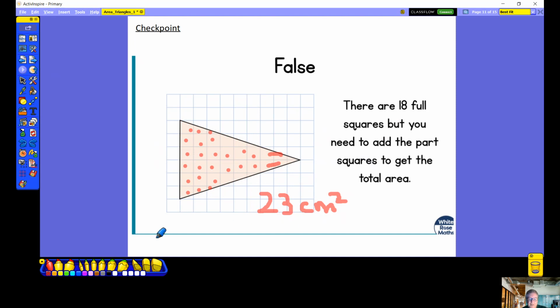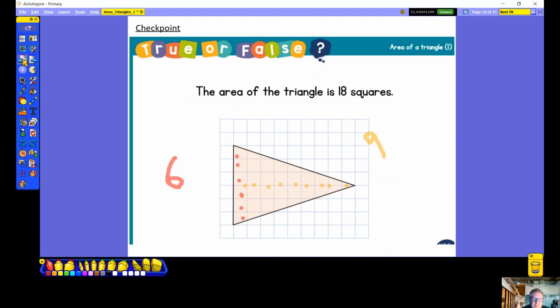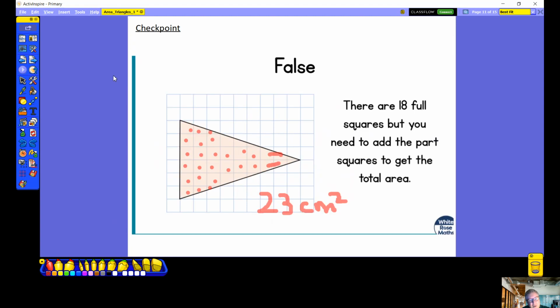No, that doesn't work, does it? So just going 6 times 9 is 54 doesn't work. So let's make a note of that. Does that number, bearing in mind this was an estimate, do those numbers relate together in any way?